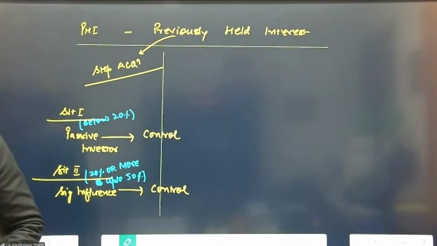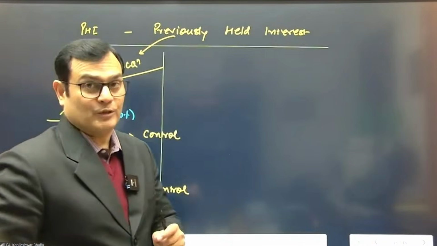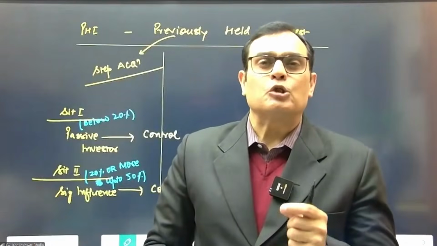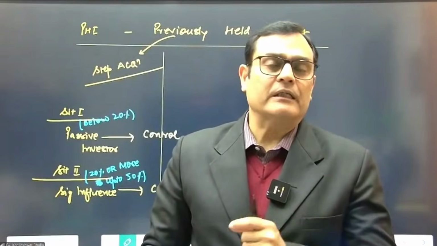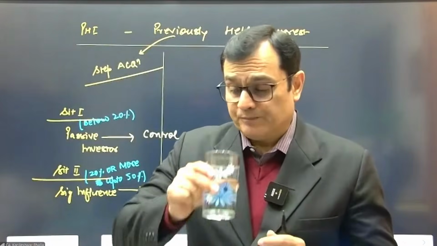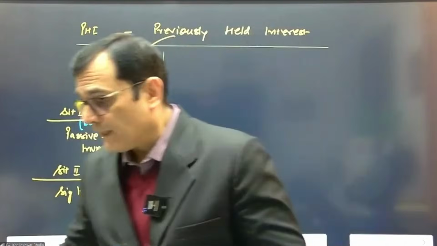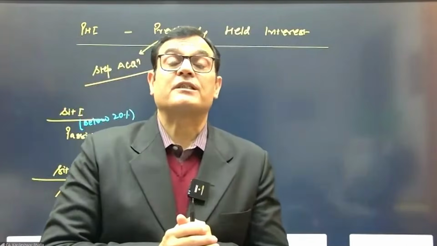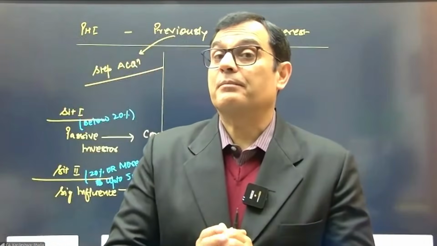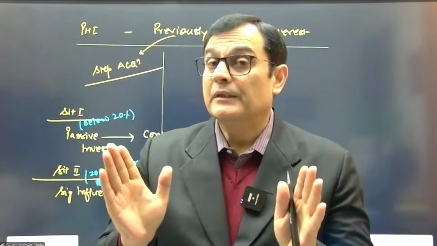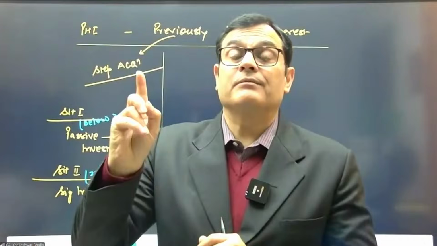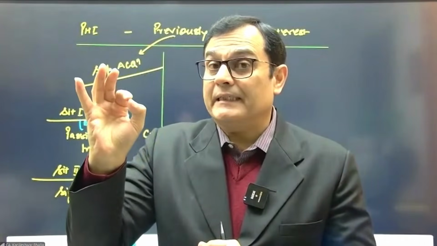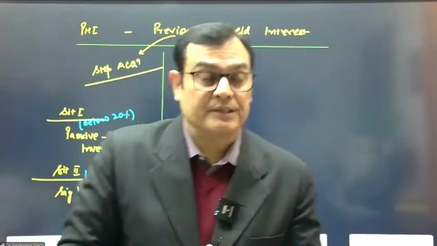Now, we need to be very clear on what we do if it is a conversion from a passive investment to control, or from significant influence to control. In this case, my focus is on step number 4 and step number 7. You need to be very clear on step 4 and step 7, whether there is going to be any impact on my journal entries as well.